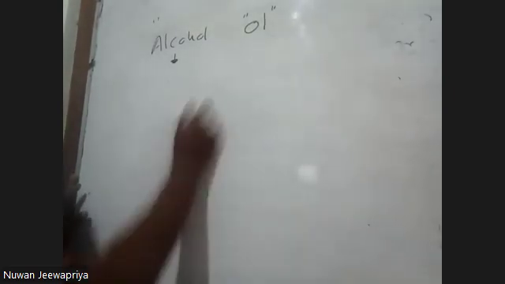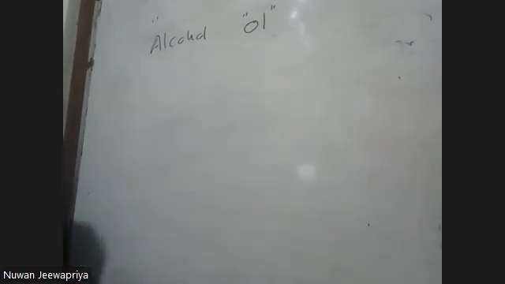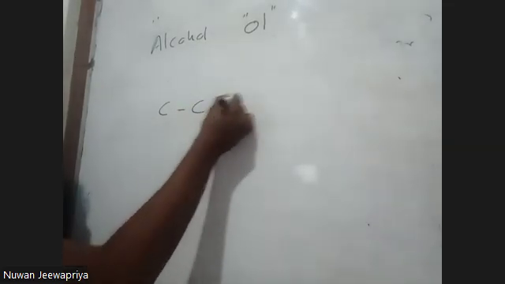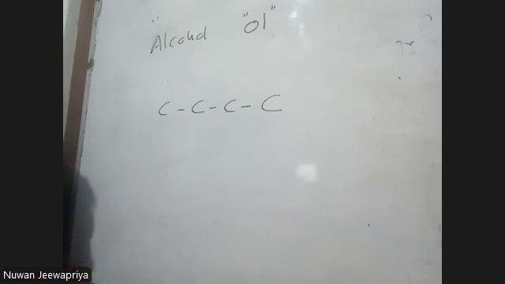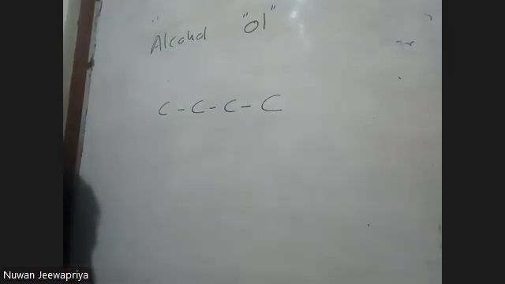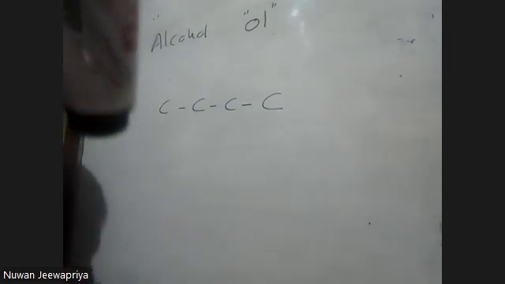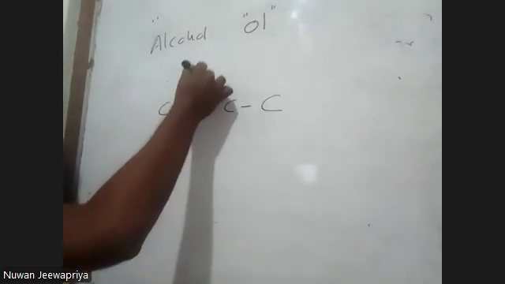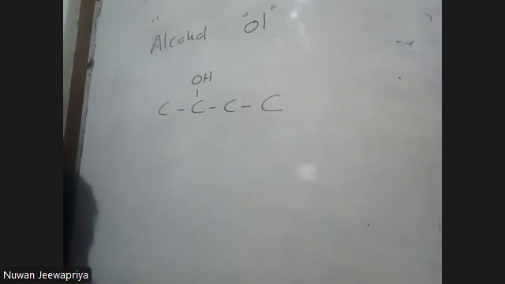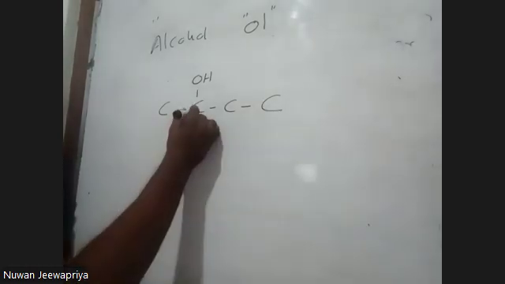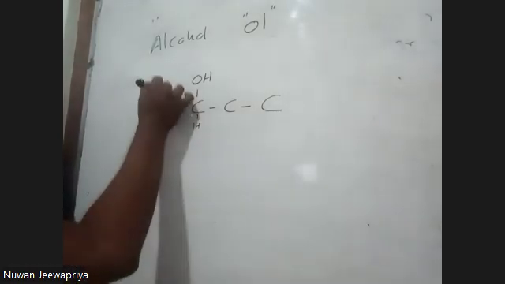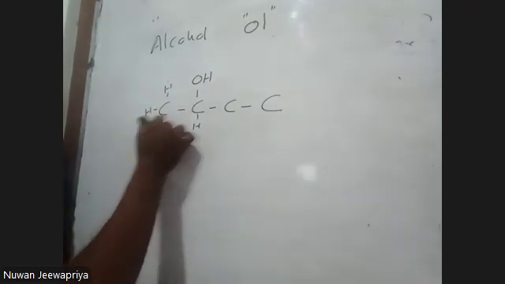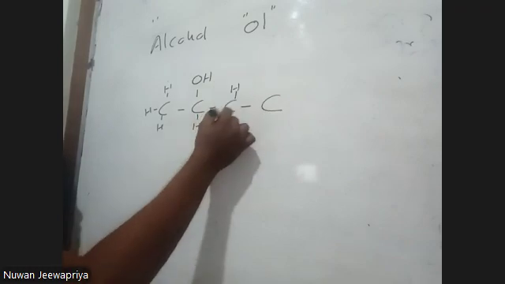Now we will make a little change. Now I have one, two, three, four carbon here. There are four carbon. Now I put a double bond to this place, so OH to this place, and then I want to name this alcohol. How can I give the name for this alcohol?